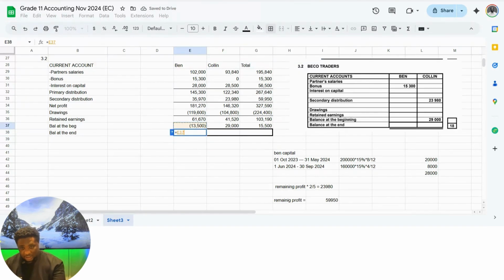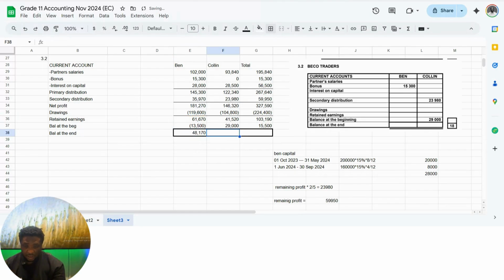We're going to say 61,000, which is the retained earnings for the current year, and then add that to the balance that was there at the beginning. That works out to 48,170 for one partner, and then for the next partner, there you go. So that would be the current account for Ben and Colleen.